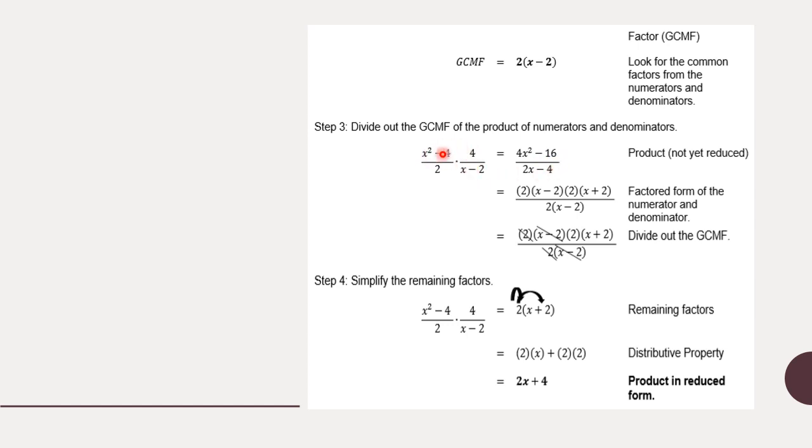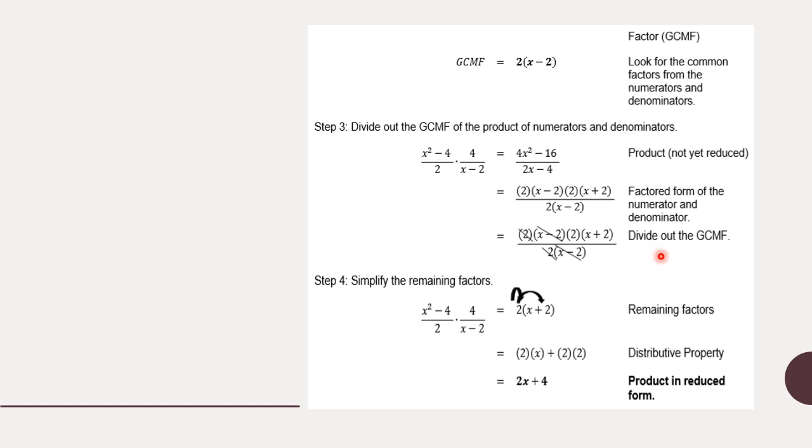Then we multiply the denominator, and we have 2x minus 4. Now the factored form of the numerator and denominator: the numerator is 2 times x minus 2 times 2 times x plus 2, and for the denominator, the factor is 2 times x minus 2.